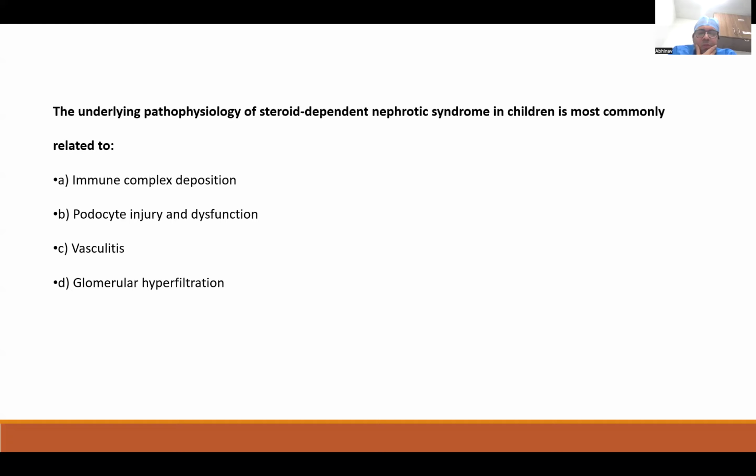Remember, it is a glomerular disease, and in the majority of studies, nephrotic syndrome is described as a podocytopathy. So the underlying pathophysiologic feature is podocyte injury and dysfunction. We know that the podocyte is a part of the glomerulus.